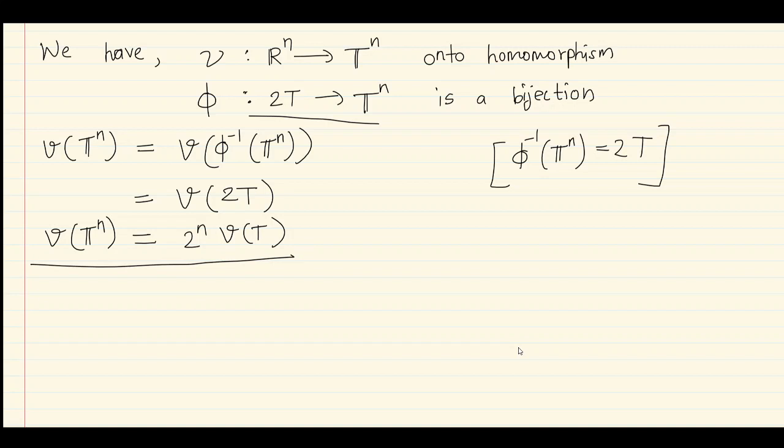Now in the theorem we have mentioned that X is a bounded subset, so X is a bounded subset in R^n. Also the mapping mu is from R^n to T^n. So we can say that the image of this set, mu of X, is contained in T^n.